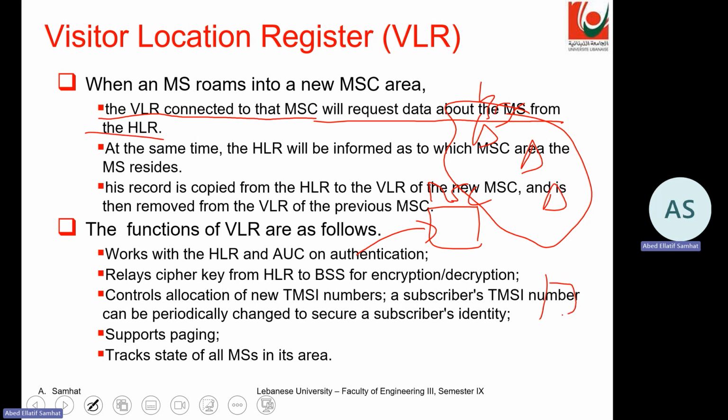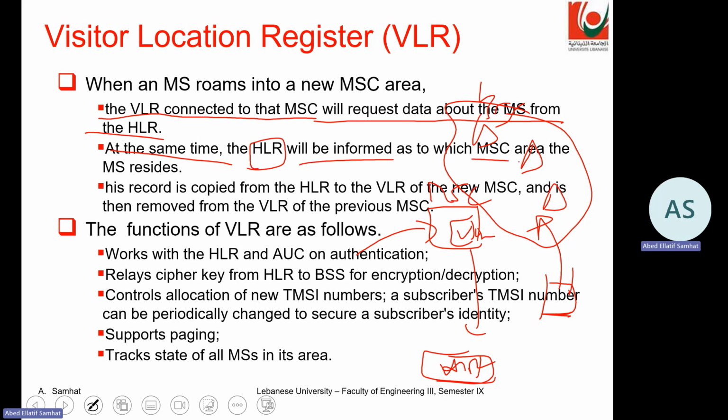Because a new user entered this area, the VLR asks the HLR for the information of this mobile user, since all clients of the operator are registered in the HLR database. At the same time, the home location register is informed as to which mobile switch area the mobile station resides in.